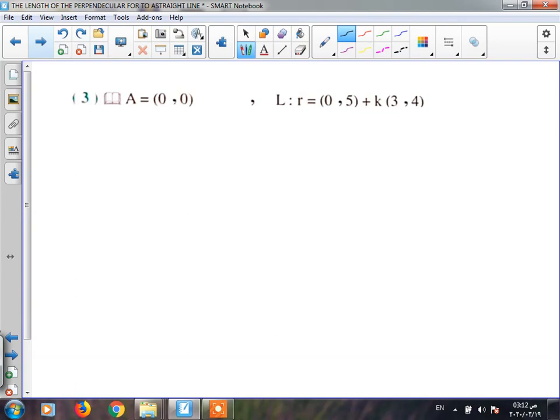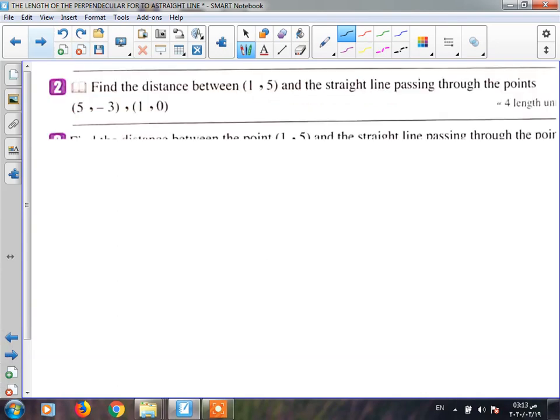Next question. Find the distance between the point 1 and 5 and the straight line passing through the points 5 and negative 3, and 1 and 0. First of all, we must find the equation of the straight line which passes through these two points. You will make y minus 0 over x minus 1 equal the slope.